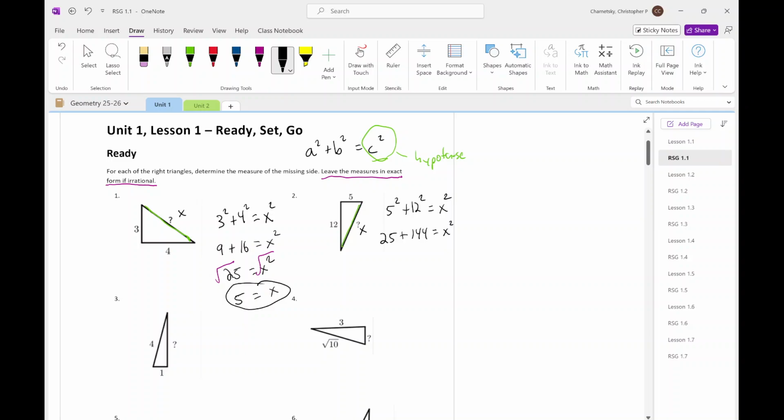Adding those together, we get 169 equals x squared. Take the square root. 169 is a perfect square. It's 13 times 13, so x is equal to exactly 13.